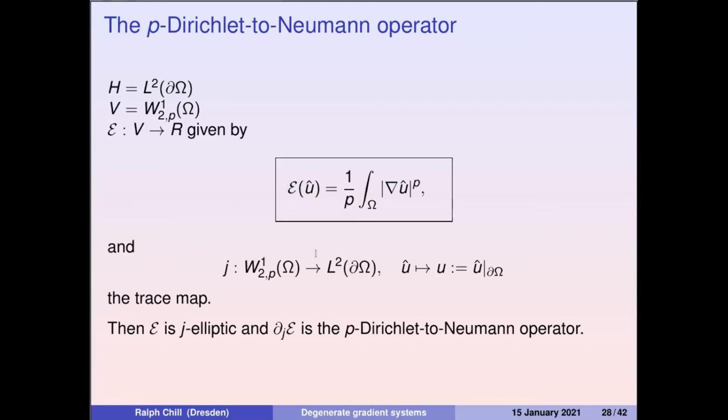And the trace map, of course, is not injective because functions which vanish on the boundary, test functions, are mapped to 0. The energy is some well-known energy, and the J is a little bit non-standard. And one can show that the subgradient on L2 of the boundary is a realization of the Dirichlet-to-Neumann operator, even of this nonlinear p Dirichlet-to-Neumann operator.